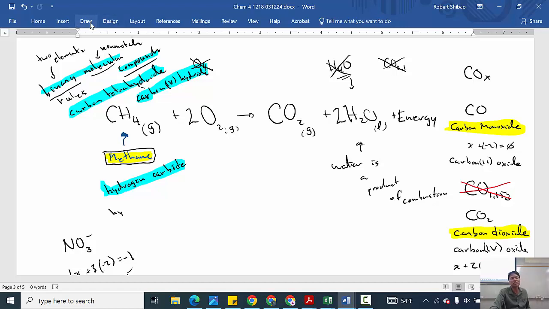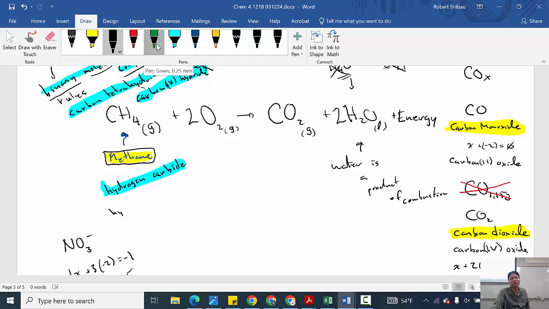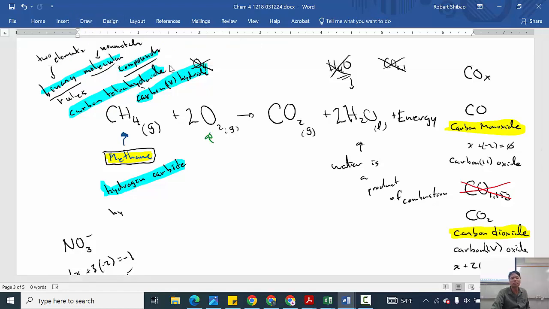Oxygen is a little bit tricky because when somebody says oxygen, you don't know what they're talking about. There are two things that come to mind. One is atomic oxygen, which is just O. Two is molecular oxygen, which is O2.